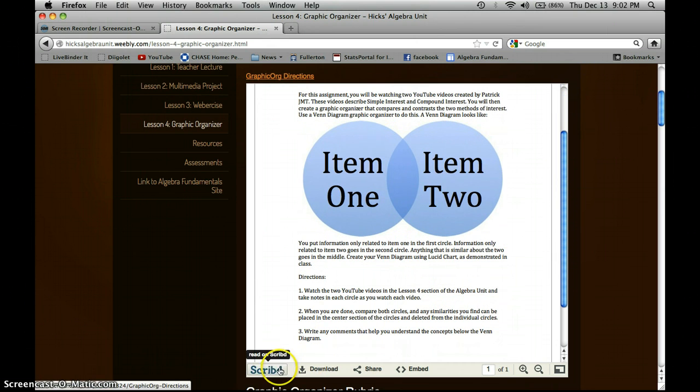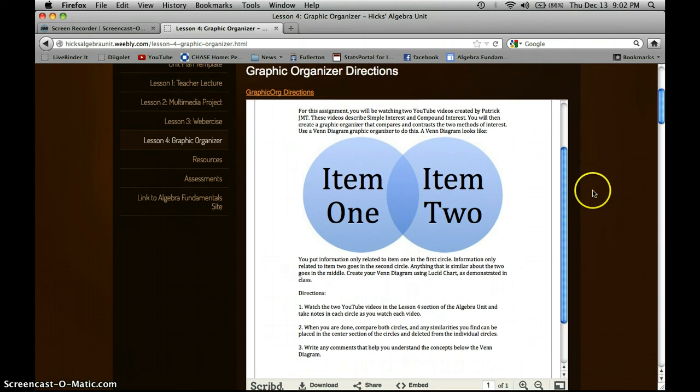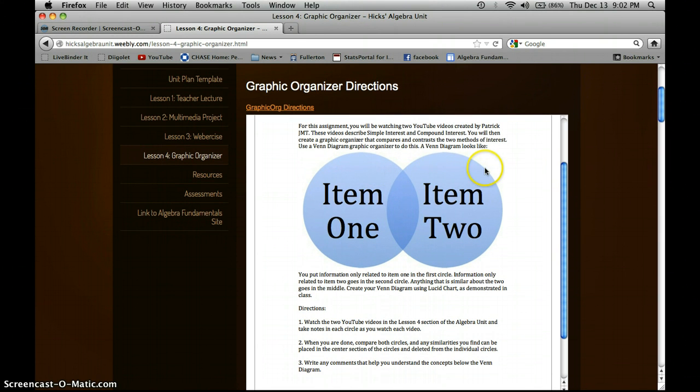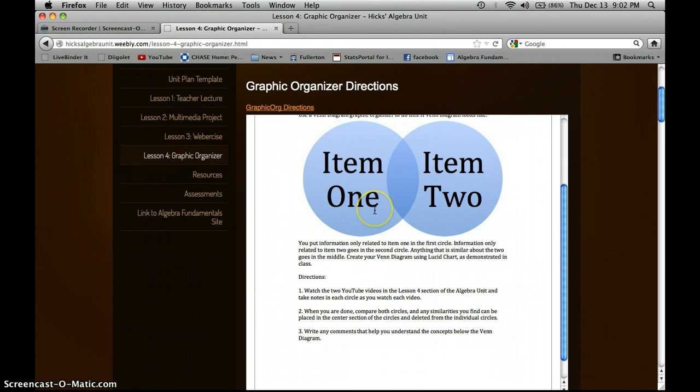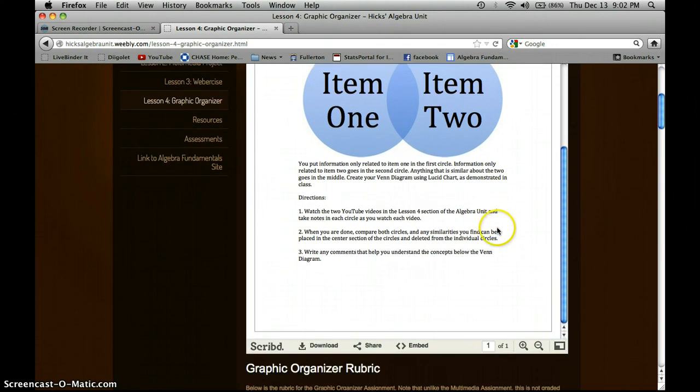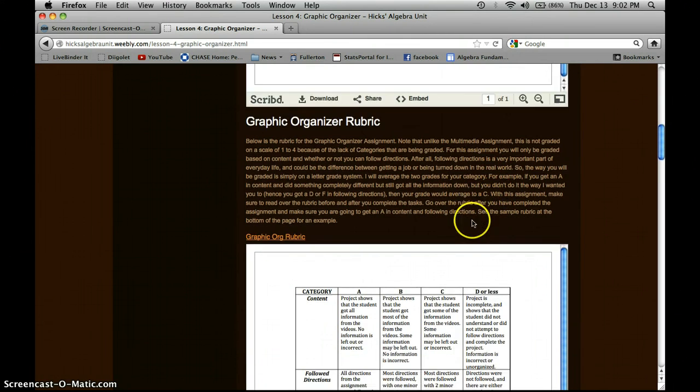If you embed through Scribd, it allows them to download it while it embeds it, so it allows them to print it. So basically I show them what a Venn diagram is, I give them the directions on how to do the assignment. They're going to watch 2 YouTube videos, take notes in each circle, and then wherever they find similarities, they're going to delete them from those circles and put them in the center section. I give them all the directions right there, and then I give them a rubric.